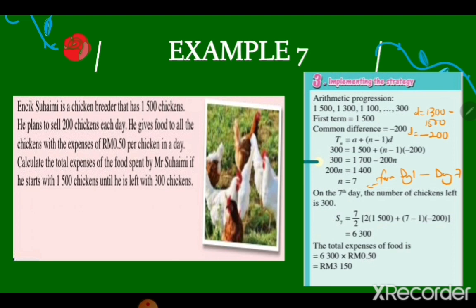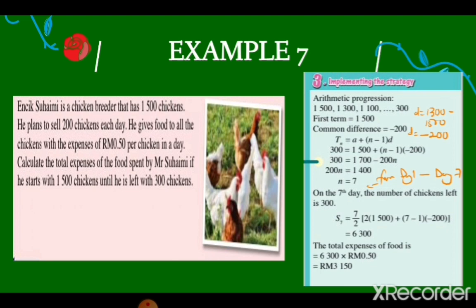This 6,300 is actually the number of chickens, cumulatively. The first day we had 1,500 chickens. The total expenses, 1,500 must be multiplied with the price. And then the second day we are left with 1,300. The third day we are left with 1,100.